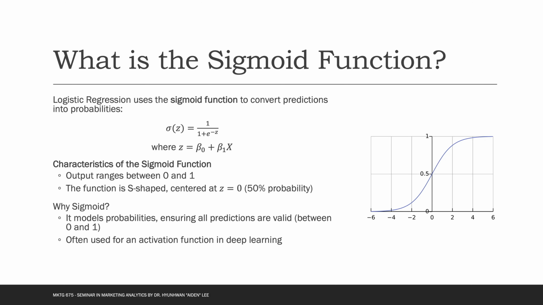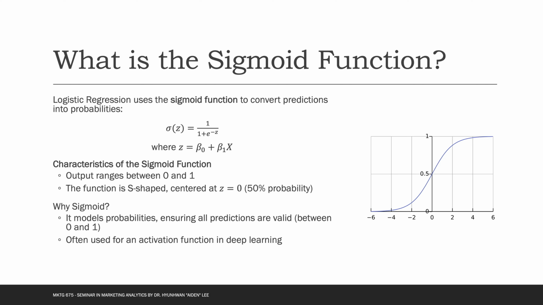Logistic regression uses a function called the sigmoid to turn a raw score into a probability. You can picture it as a smooth S-shaped curve. When the input score is very negative, the output of the sigmoid is close to 0. When the score is very positive, the output is close to 1. Around the middle, near 0, the curve is steep and the output is about 50%.